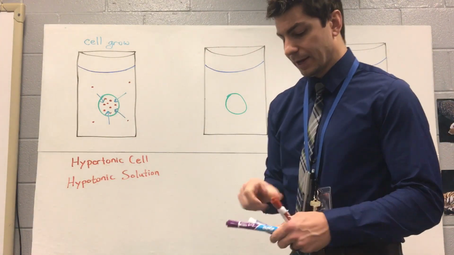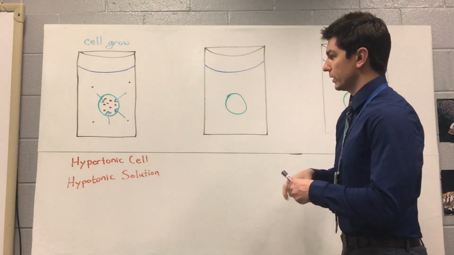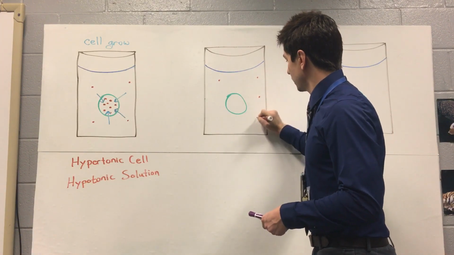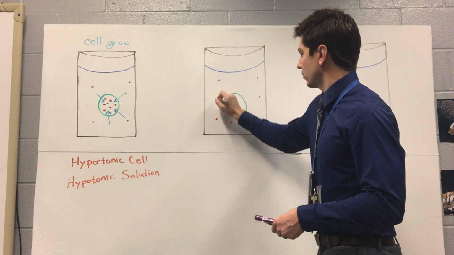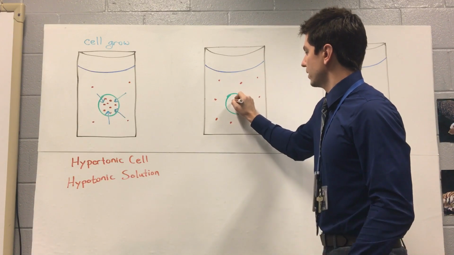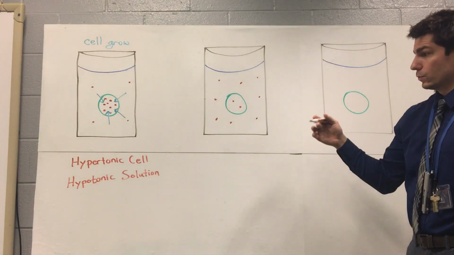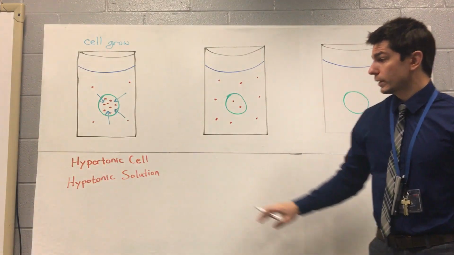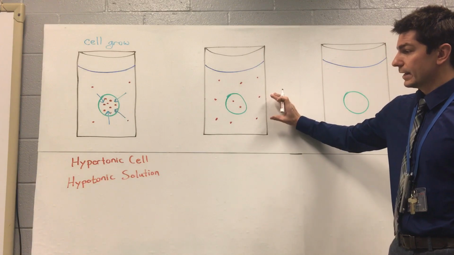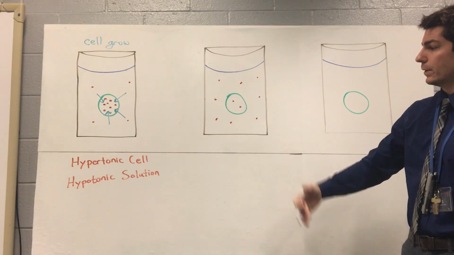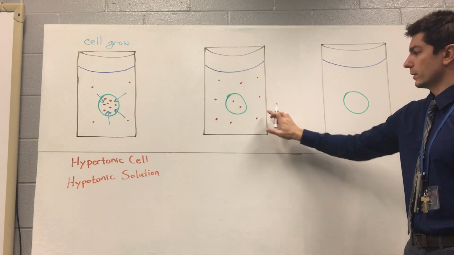Let's do the reverse of that. So let's say for this one, instead, we're going to have a whole lot of solute outside of the cell, and maybe just a little bit in. So assigning our vocabulary words, we're going to have hypertonic and hypotonic, but we got to determine, okay, is the solution hypertonic or hypotonic, and is the cell hypertonic or hypotonic?